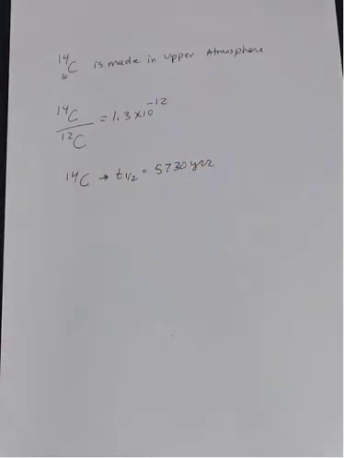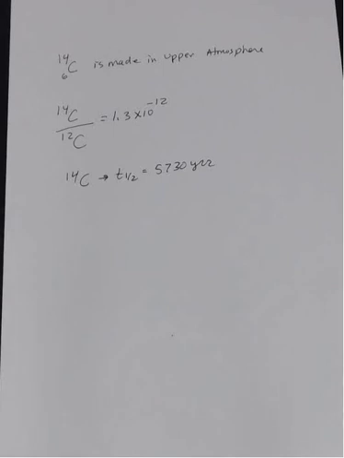So once something stops taking in carbon, it dies. A tree or a human or whatever is alive takes in carbon, and when they die, that ratio starts getting even smaller because you start losing the carbon-14.